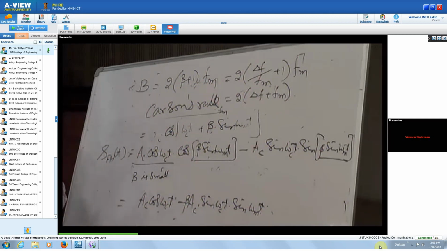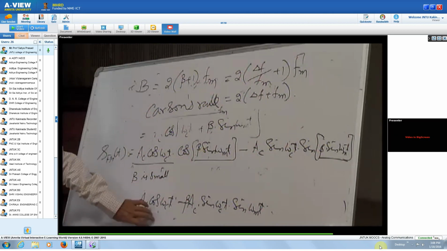So what is this signal? This is AC cos omega Ct. And what will be the signal for our amplitude modulated signal?